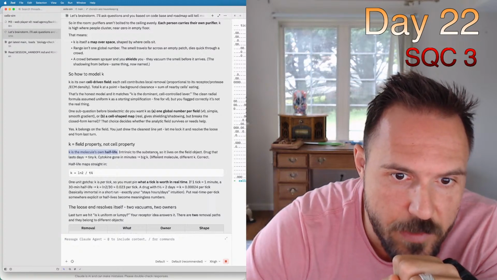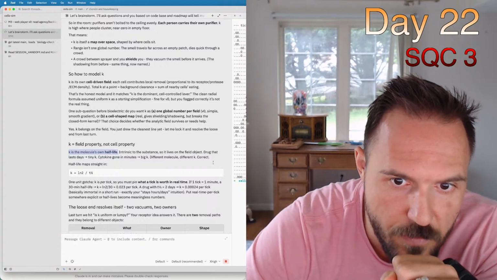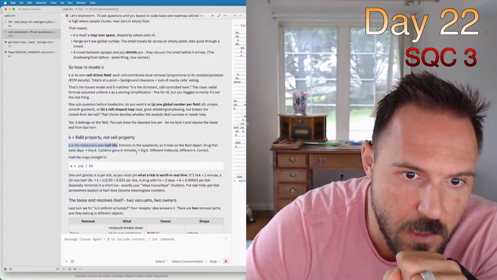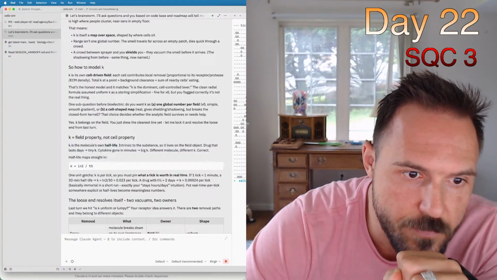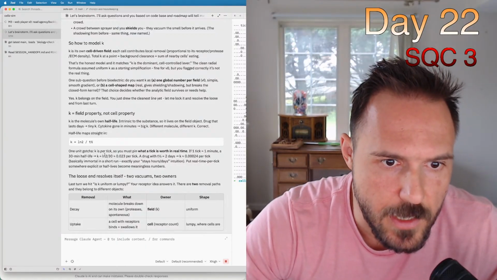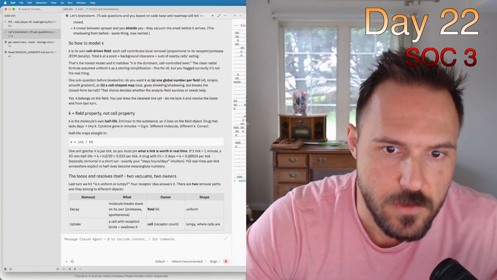Interaction shows the substance, so on the field object, it decays. One unit per tick. K is per tick, so you must pin what a tick is worth in real time.